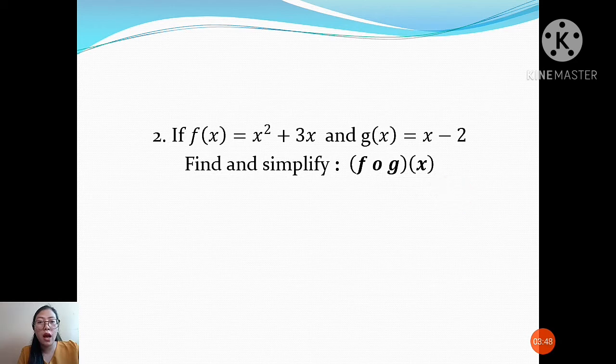Of course, you have to write first the main function, then plug in the input function, then you may solve and simplify. Next, if there's a need to combine like terms, then do it to get the final answer.